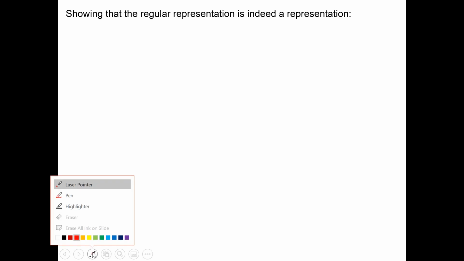Okay. To show that, I essentially need to show that the multiplication table is satisfied.